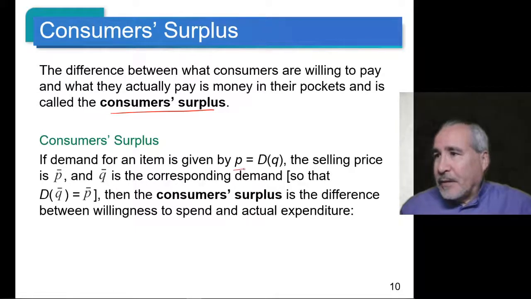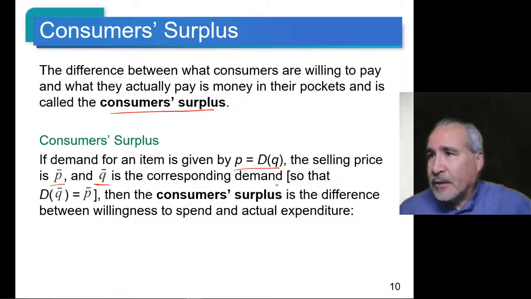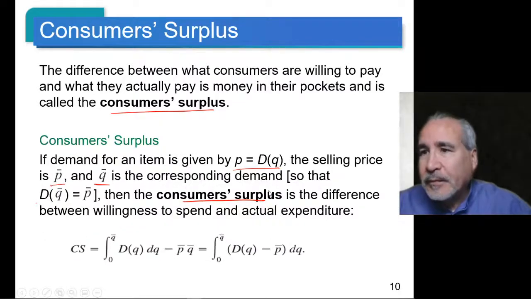So we've got the demand, some function P equals D of Q. The selling price is P bar, which we're going to be given, and we're going to have to calculate Q bar as the demand, remembering that D of Q bar equals P bar. So we'll go through that. That's our consumer surplus. So here's the formula. Boom.